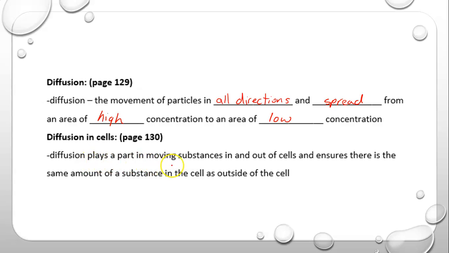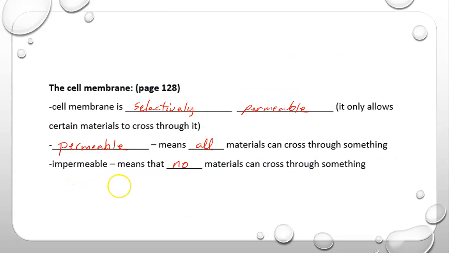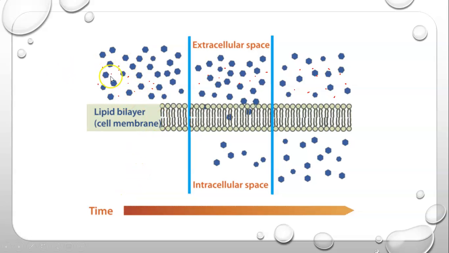Now, diffusion plays a part in moving substances in and out of the cells and ensures the same amount of a substance will be inside and out. If we take a look at that previous diagram, we saw the diffusion of these blue particles coming through until we had an even concentration on both sides as time moved on.